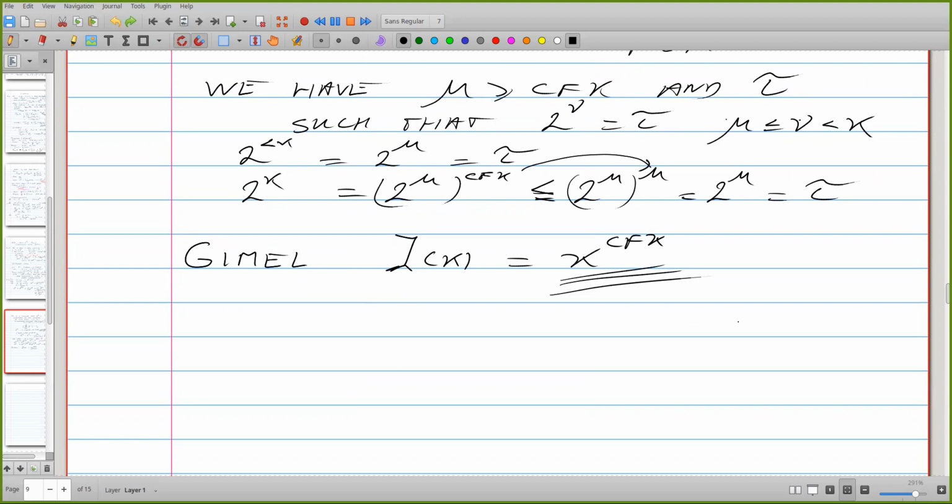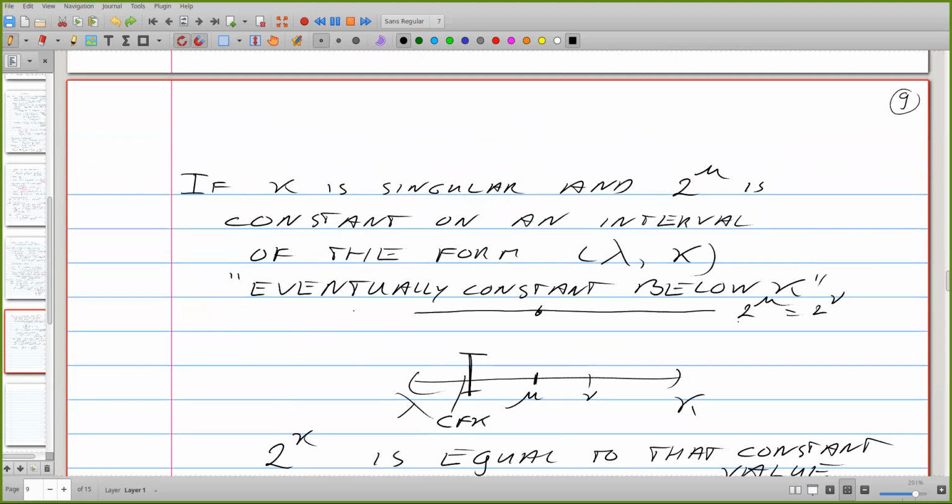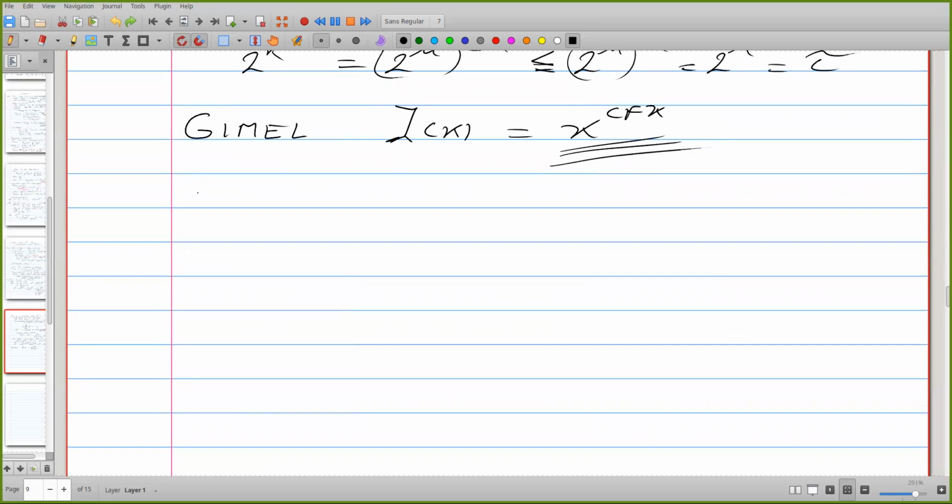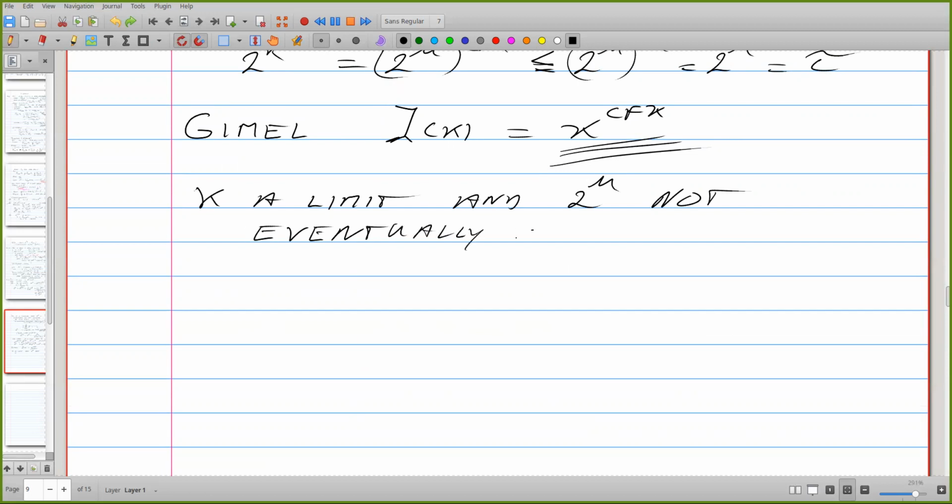Suppose, so what did we have? We had a singular cardinal and 2 to the mu was constant on an interval. So now we're going to look at what happens if it's not. Kappa a limit and 2 to the nu not eventually constant below kappa.